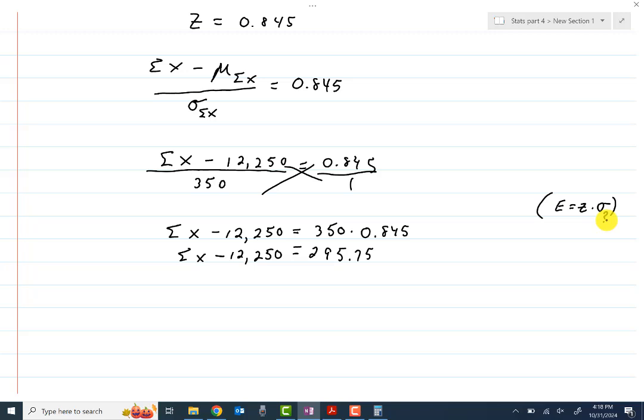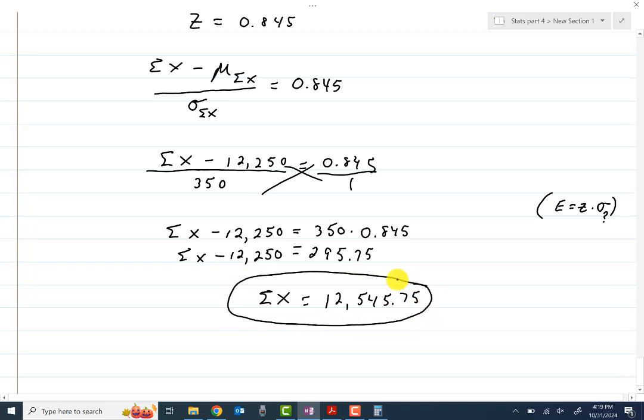And that's also just a computation that happens to come about while doing these problems. Now I'll add 12,250 to finish this off. And there's our 80th percentile score.